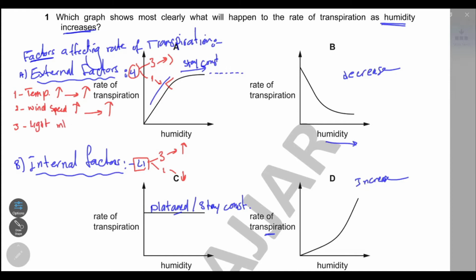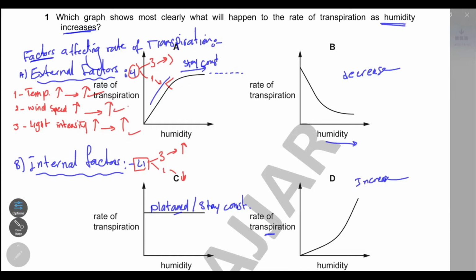Surely when the light intensity increases, there is more photosynthesis and the stomata are being opened, that's why it will also increase. With temperature, the kinetic energy will cause the water to move faster, so it will evaporate, and so it will increase the rate of water loss or the transpiration.